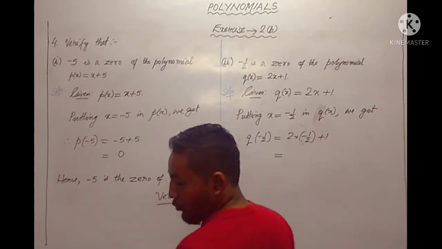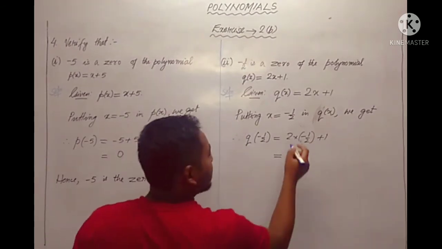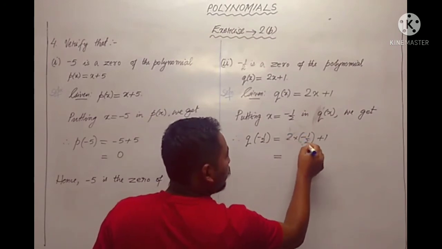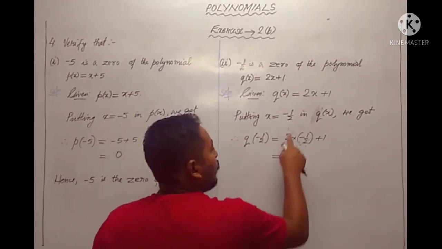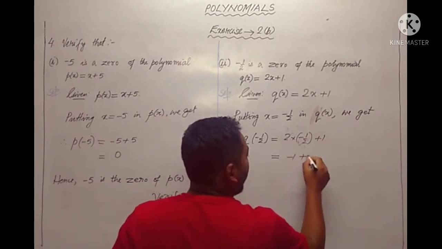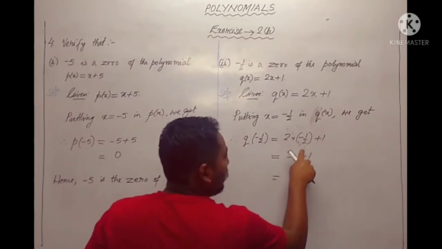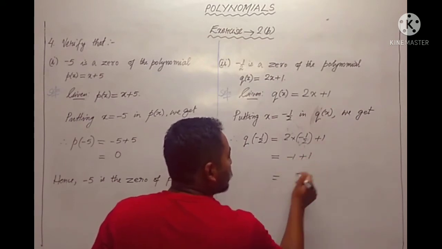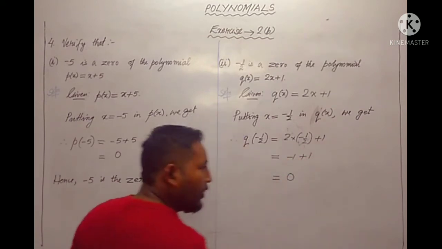Now, what can we do? We can cancel these, 2 ones are 2, 2 ones are 2. What is left? 1 into minus 1 is minus 1 plus 1. So minus 1 plus 1 is 0.